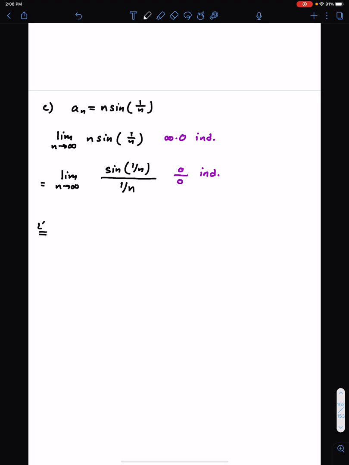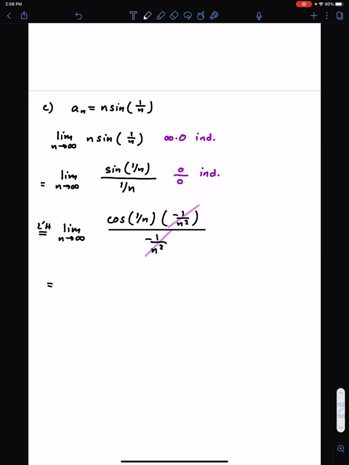So this limit is equal to, if I differentiate the numerator, cosine of 1 over n multiplied by negative 1 over n squared from chain rule. Derivative of the bottom is negative 1 over n squared. So I have a common factor in the numerator and in the denominator.